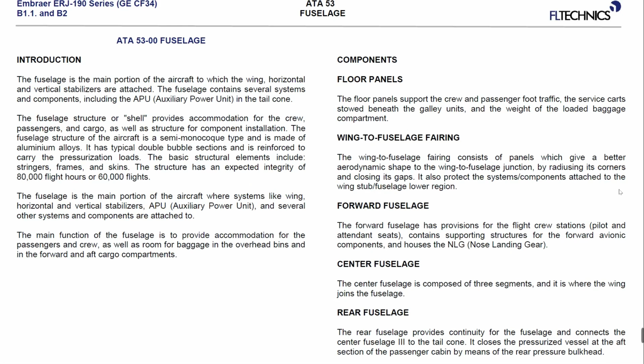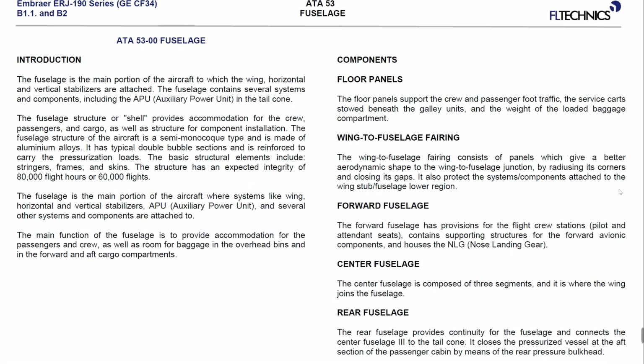We have the wing to fuselage fairing, which is a composite panel providing aerodynamic shape at the wing to fuselage junction. It is also protecting some components in the unpressurized area below the lower fuselage.